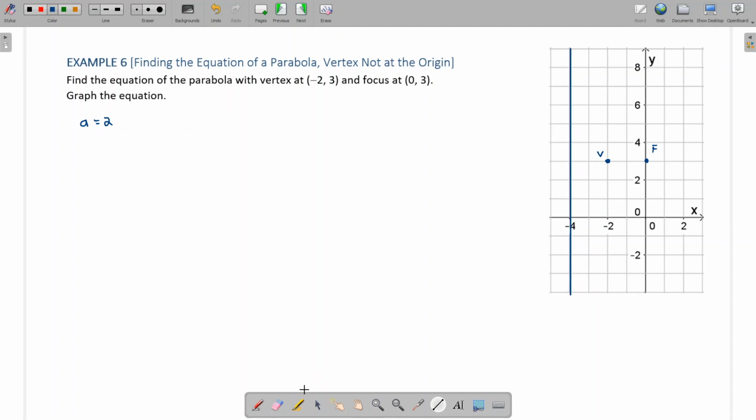So this is what I mean by being very careful about the way you're labeling these, is that if you had them backwards, you would have put the directrix on this side. But just remember, vertex is always halfway between the focus and the directrix. So if we're going to write the equation of that down, didn't actually ask for it, but the directrix would be x equals -4.